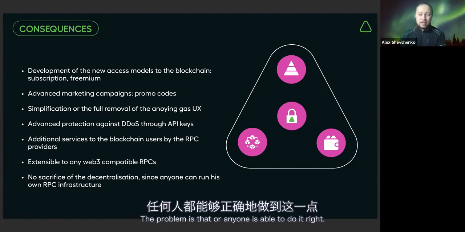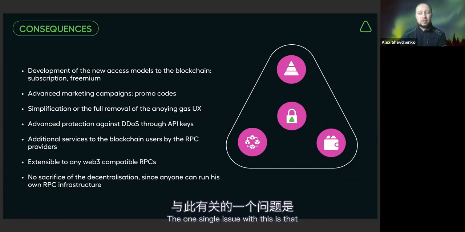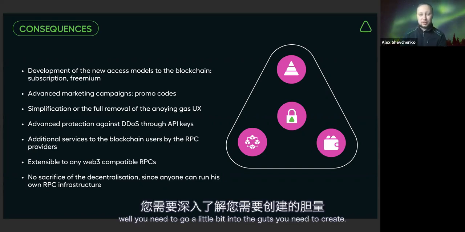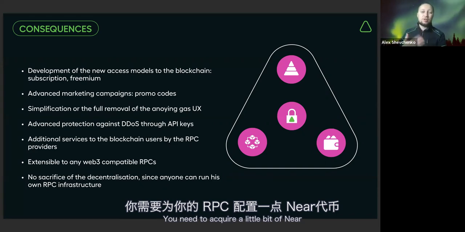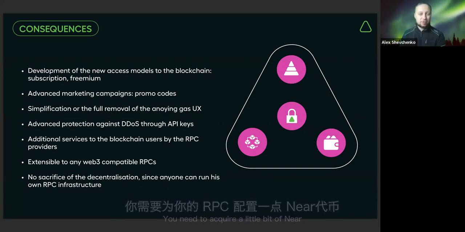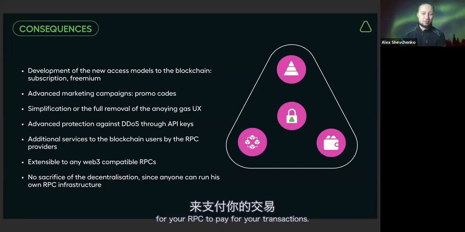Anyone is able to do it, right? The one single issue with this is that you need to go a little bit into the guts. You need to acquire a little bit of Near for your RPC to pay for your transactions.